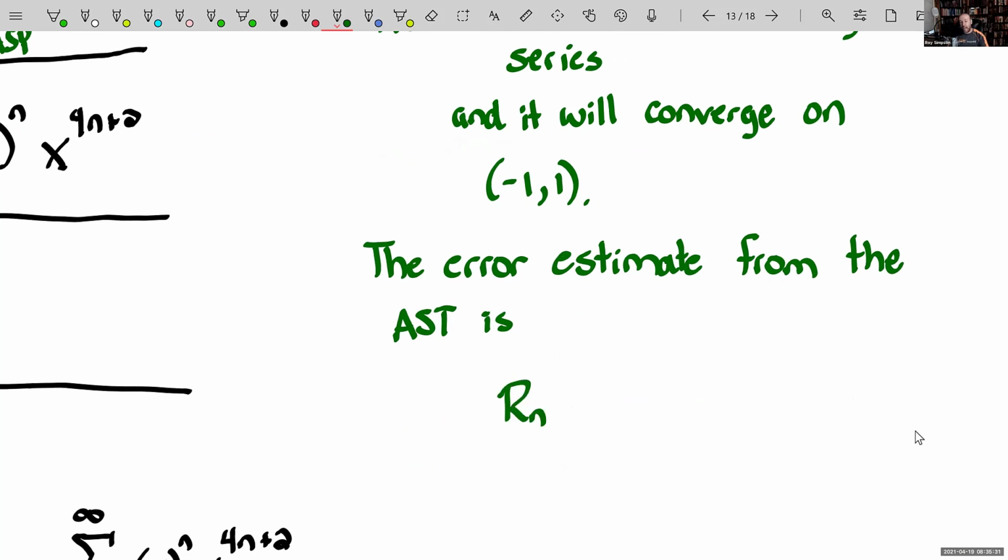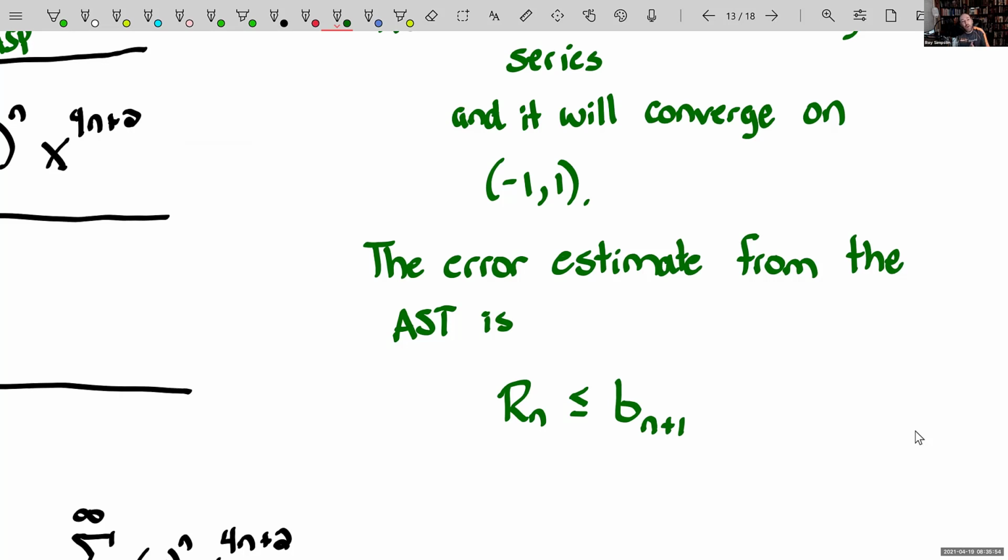The error for the nth term, if you add up the first 10 terms, the error for that summation from the true value of the summation will always be less than or equal to the next term in line from the alternating series. It's the easiest of all of the error estimate tests. That's why I like it.